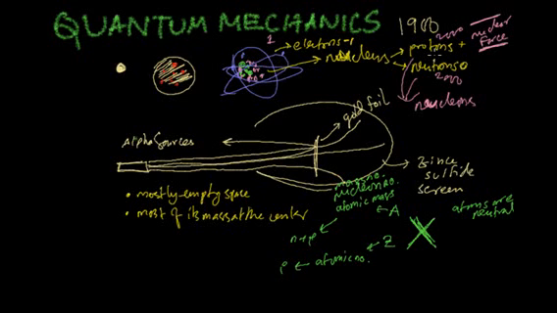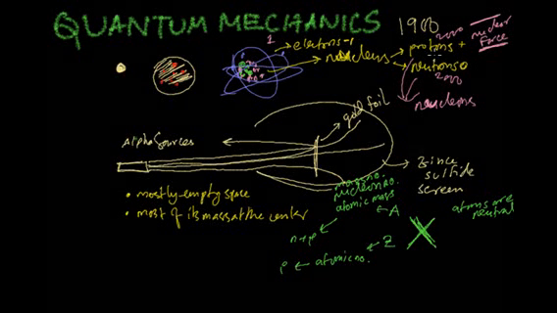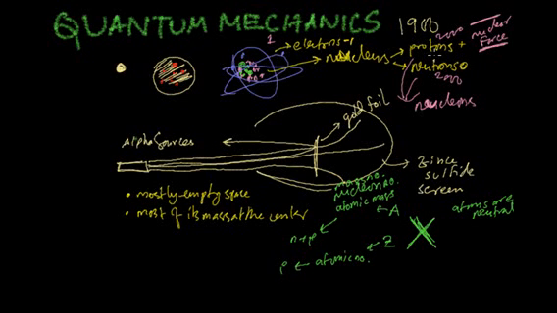Hydrogen, oxygen, helium, the number of particles they are made up of is what differs. So an electron is always an electron, a proton is always a proton, a neutron is always a neutron. There is not a different proton for mercury and a different proton for gold. No, it's the same, just the number of protons and neutrons makes all the difference. So it is important to remember that.